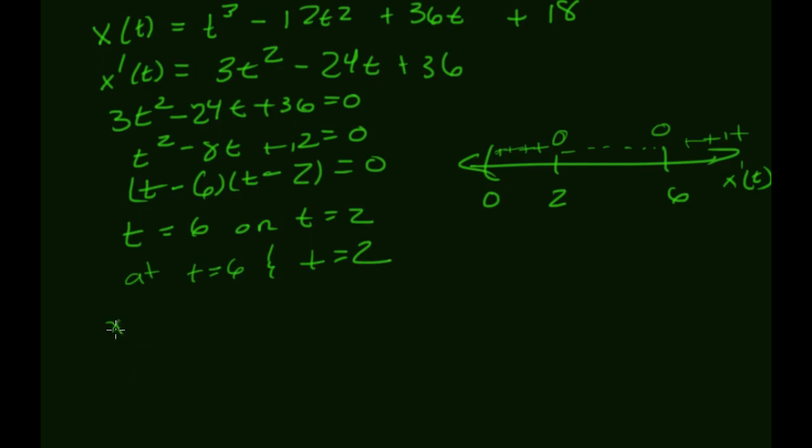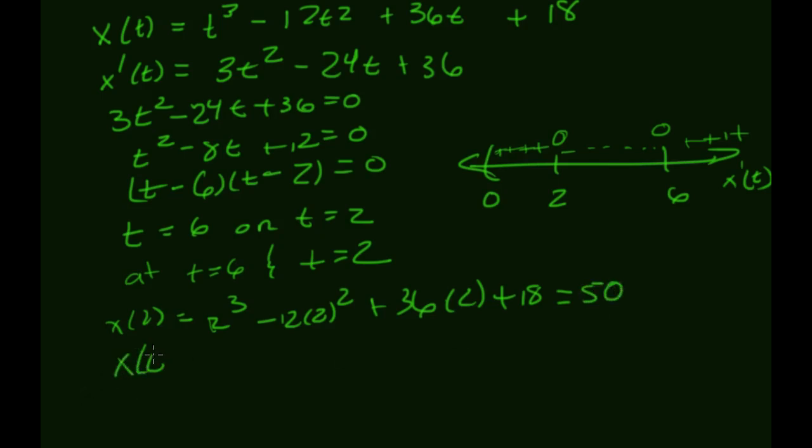If I substitute the 2 into the x equation, I get 2 cubed minus 12 times 2 squared plus 36 times 2 plus 18, which happens to work out to 50.